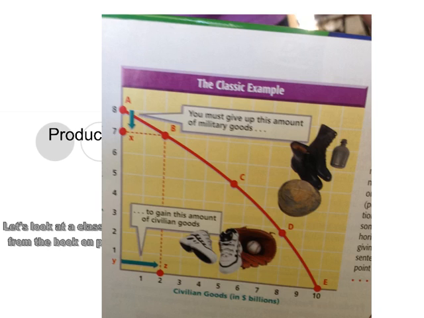Now, is that the only two things that they can spend money on? No, of course not. But remember, the PPC can only look at two things at any given time. Okay? So you can see here on the PPC, they have the choice of guns versus butter. So that's the classic example of the production possibility curve.